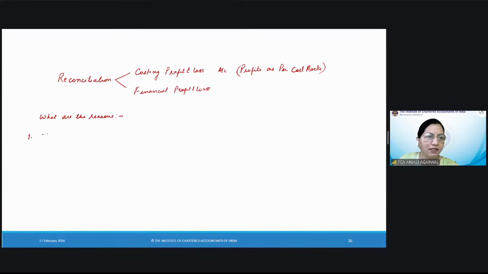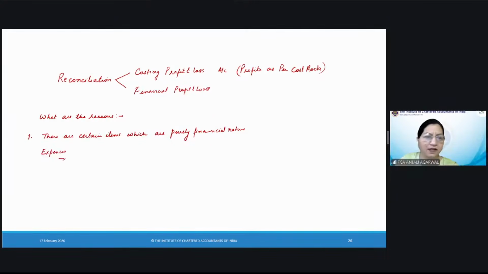One, there are certain items which may be of purely financial nature. So they will figure only in the financial books, and there will be no role of them in the costing P&L account. This could be on the expenses side.